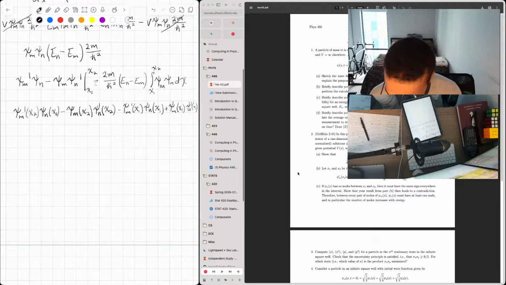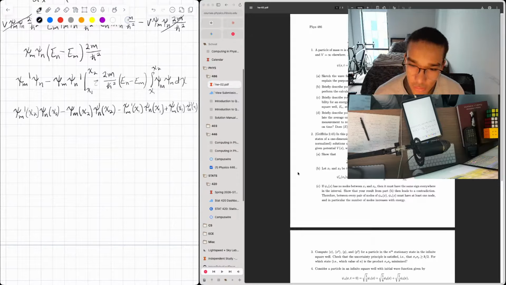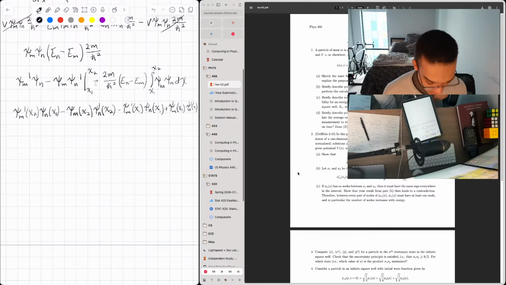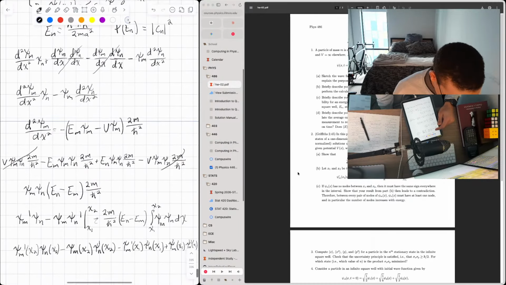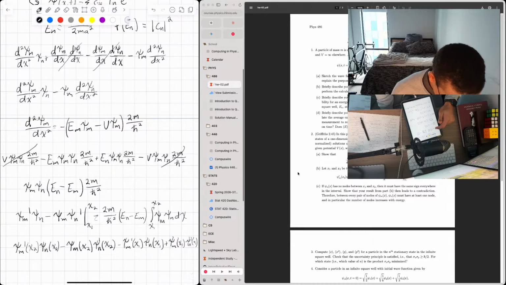What does orthogonality say? Maybe we can't just do that. Wait, do I really have to integrate that thing?